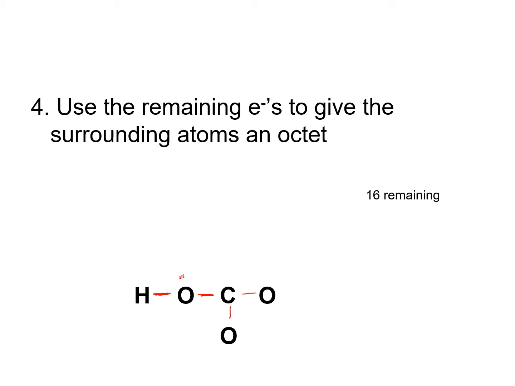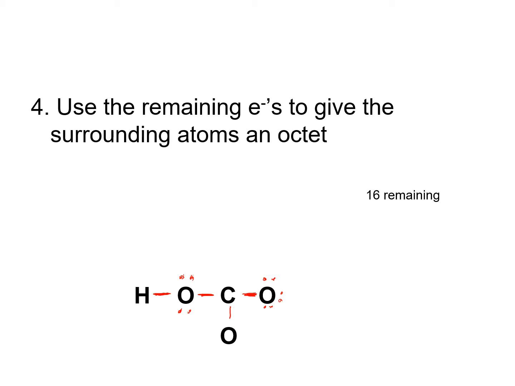So we're going to need to add 2, 4 more electrons. Now that oxygen has 8 electrons around it. This oxygen here only has 2 electrons in the bond, so I'm going to have to add 2, 4, 6 electrons around it.